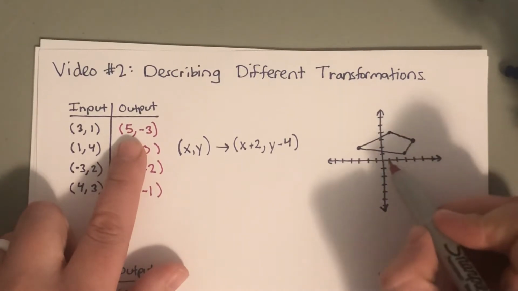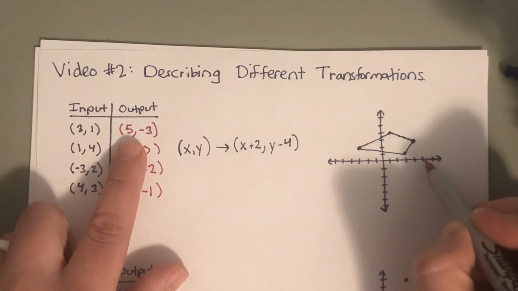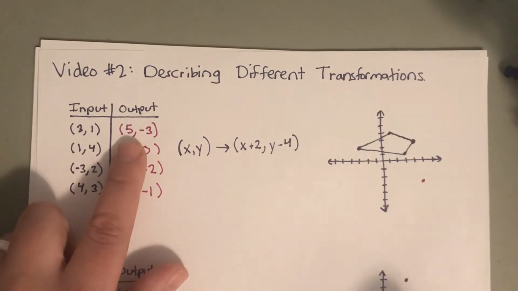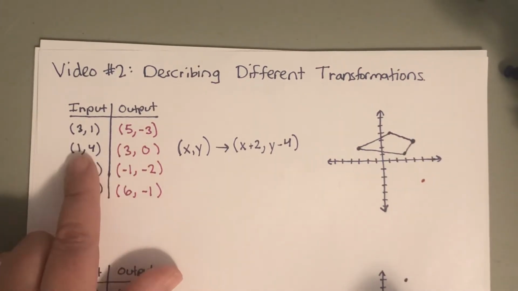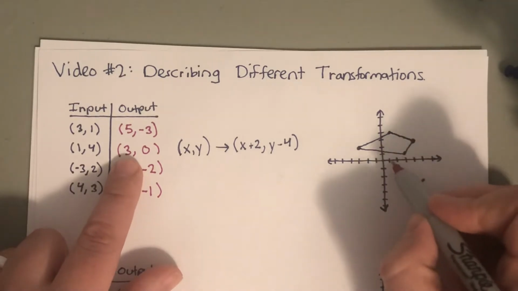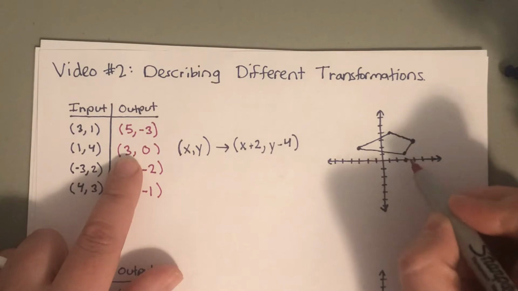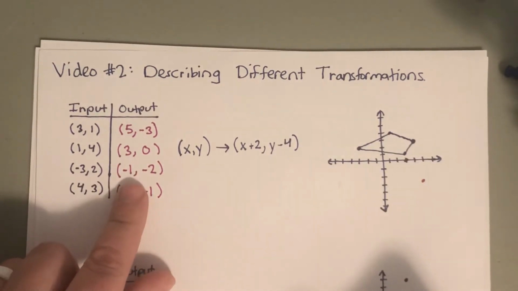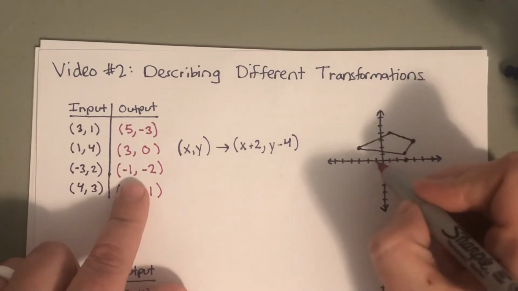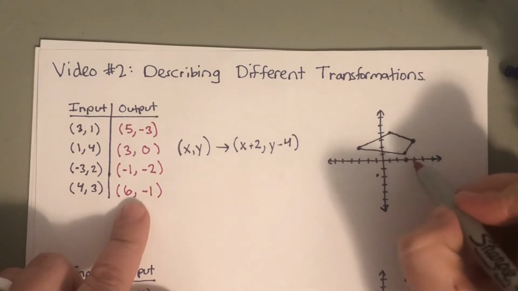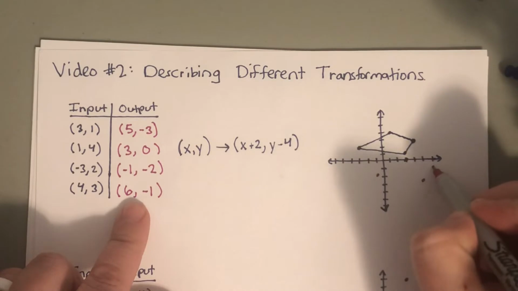So I'm going to go 1, 2, 3, 4, 5, 1, 2, down 3, and it's going to show up down there. 1, 4 turns into 3, 0, so 1, 2, 3, and then 0. -1, -2 is going to be -1, -2. And 6, -1 is going to be right there.